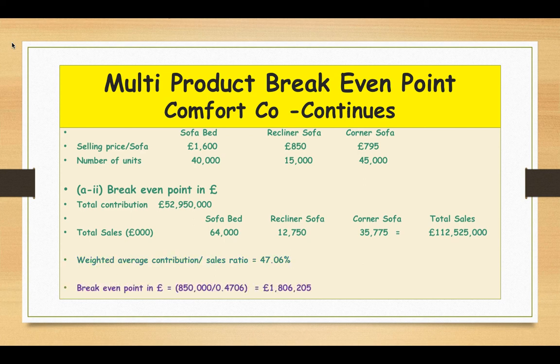So now we can calculate the break-even point in money value, which is the fixed cost 850,000 divided by our weighted average contribution to sales ratio, which is 0.4706. So our break-even point in money value will be 1,806,205 pounds.